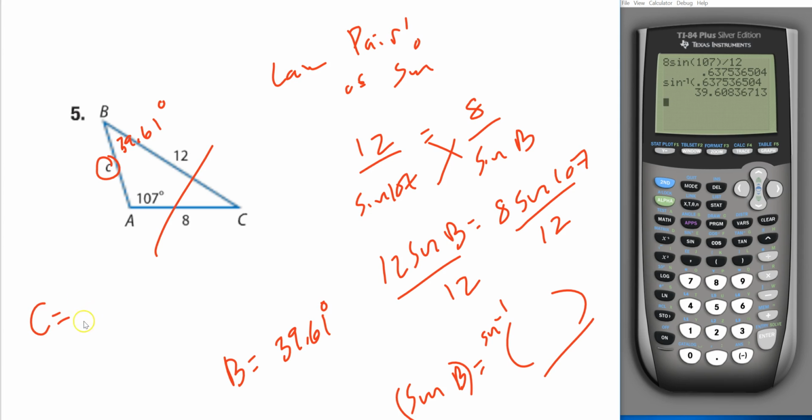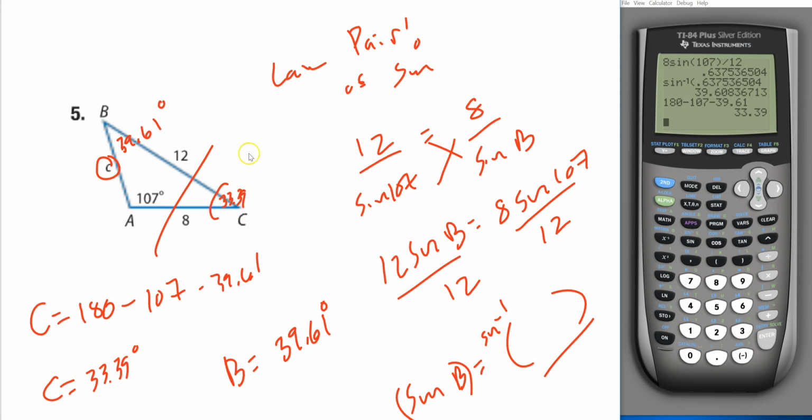So capital C, 180 minus 107 minus 39.61. And I get 33.39. That's the angle right here.